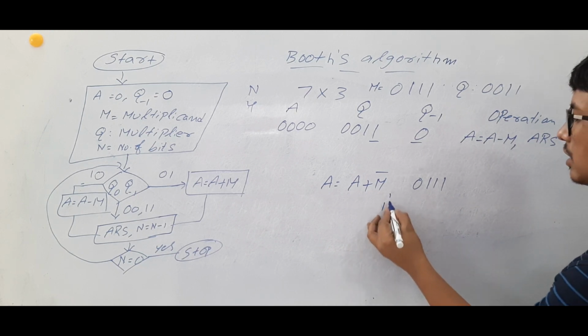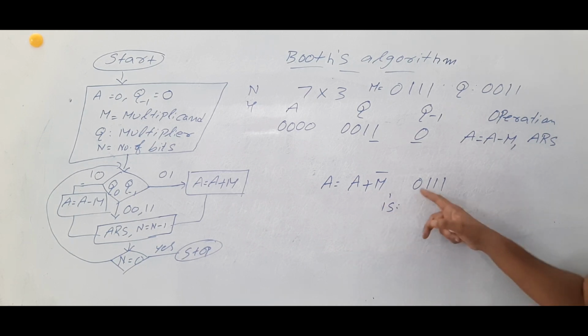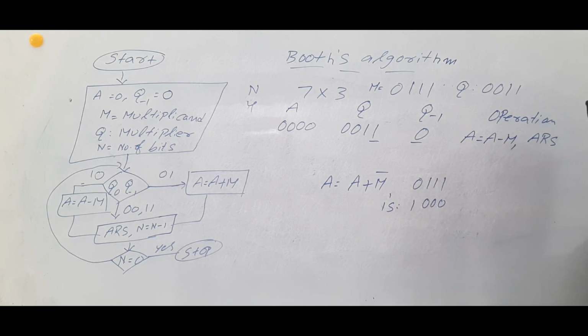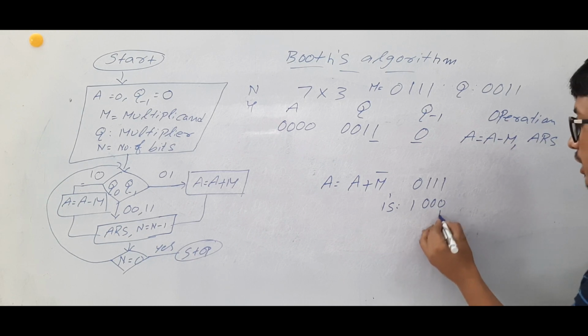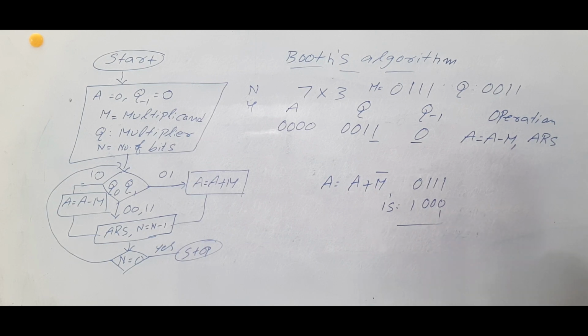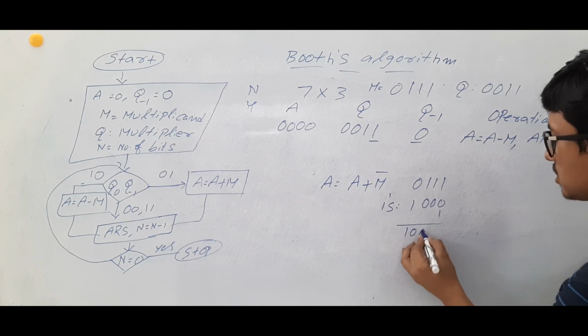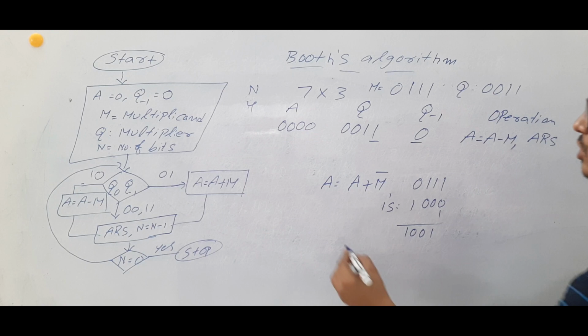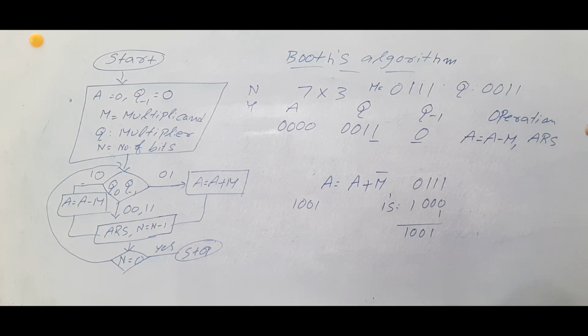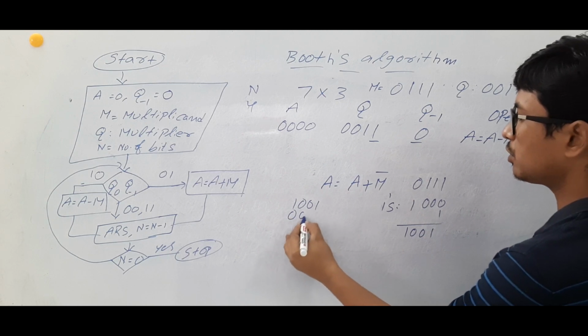First I need to calculate the 1's complement. What is the 1's complement of 0111? It is 1000. For that, I need to add a 1. So I calculate the 1's complement and add 1 at the LSB. You will get 1001. So you got M's complement as 1001, and add A to it.